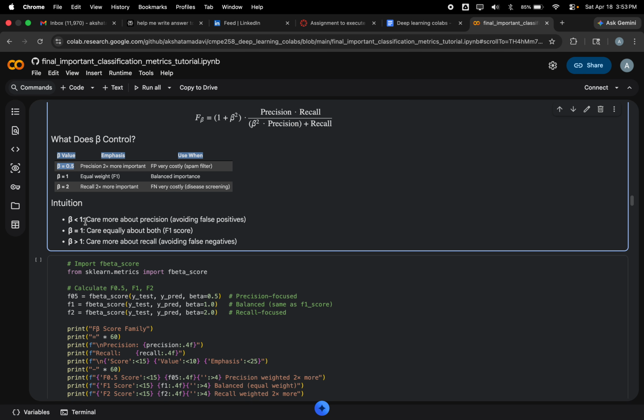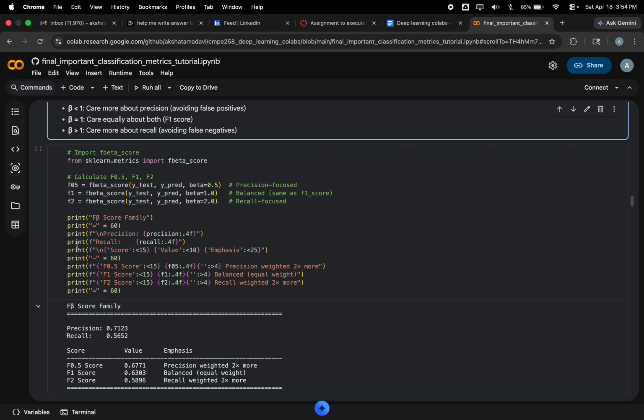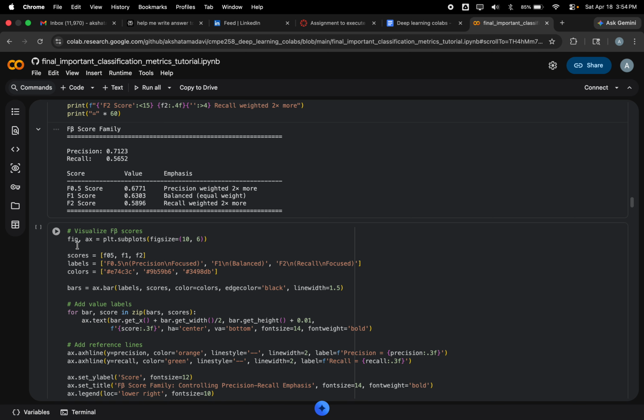So when you care more about precision, you reduce the beta value. When you equally care about both precision and recall, which is the original F1 score, you just put beta as 1, and when you care more about recall, you increase the beta value greater than 1.